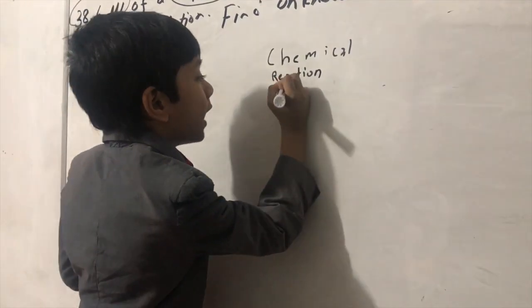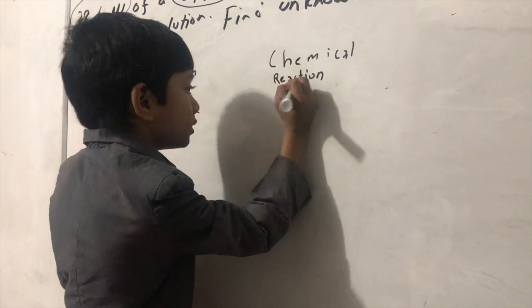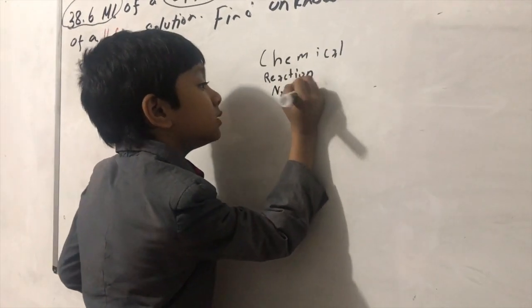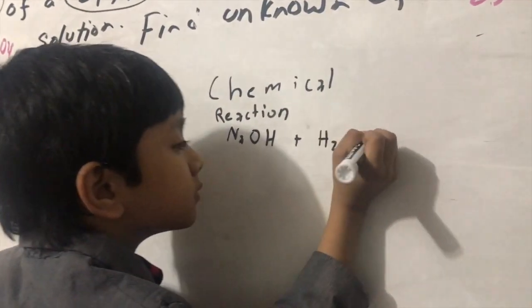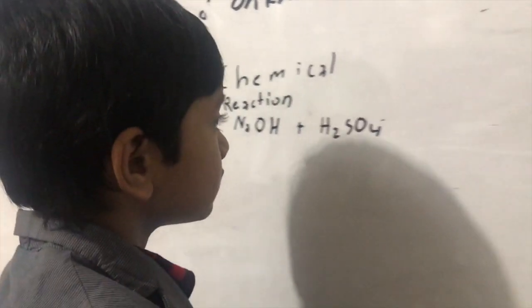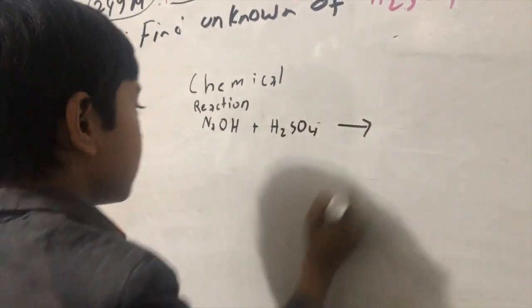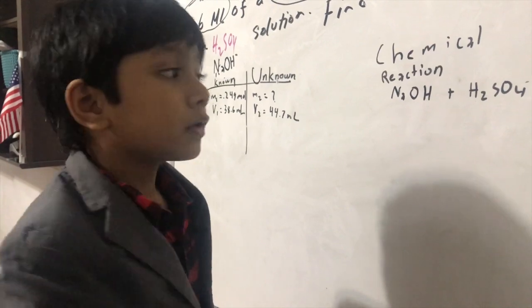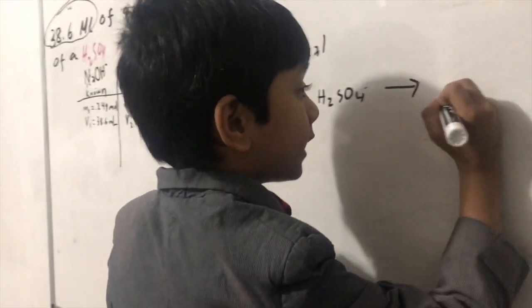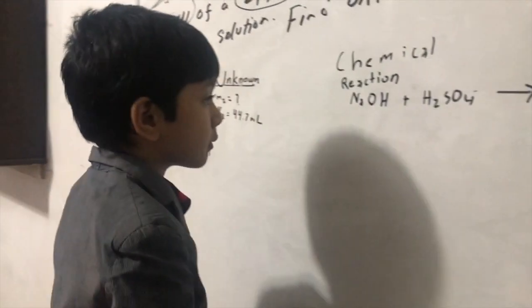The chemical reaction is NaOH plus H2SO4. So, we have to do reverse crisscross to find the actual product.